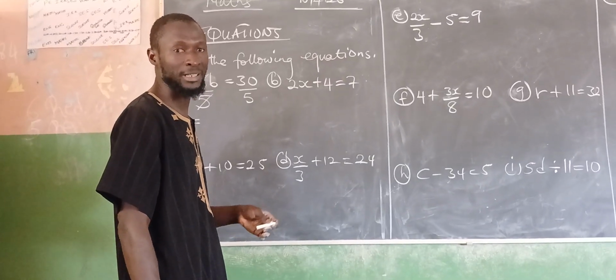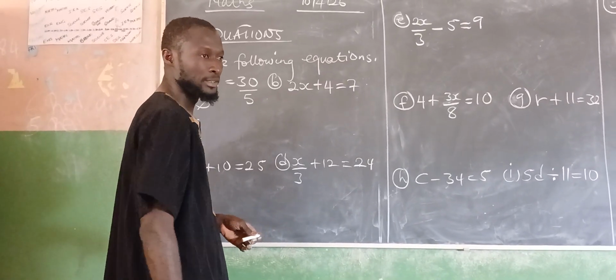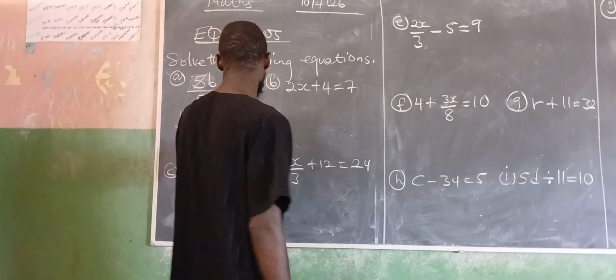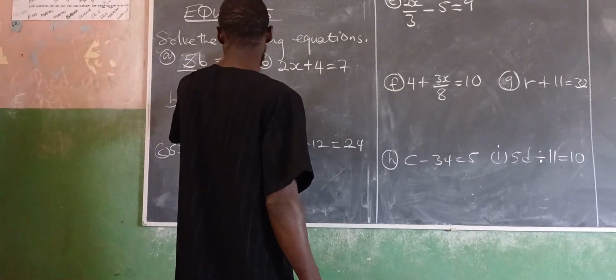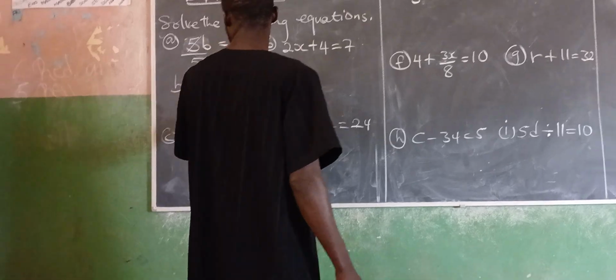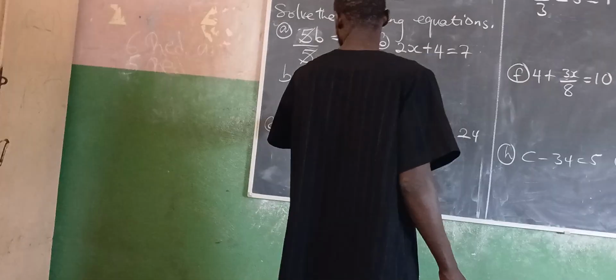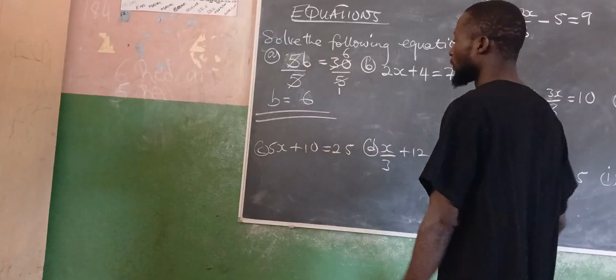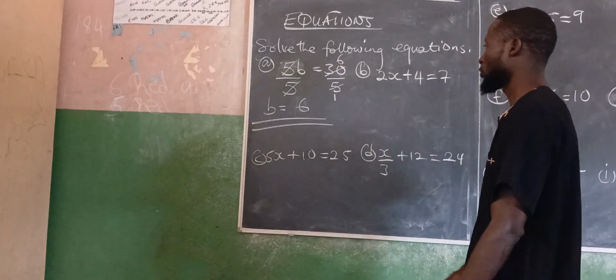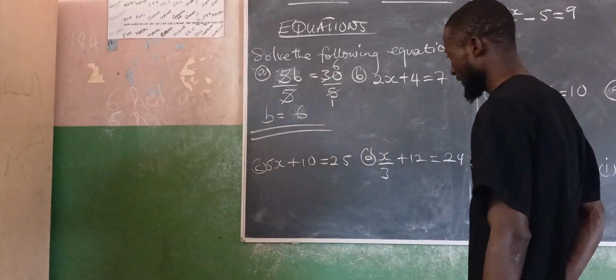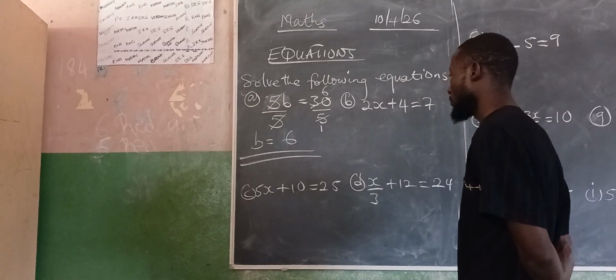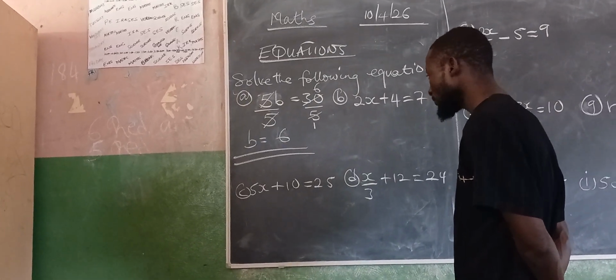That is, we are going to divide 30 by 5. 30 by 5 simply means how many 5s are in 30. So 5 goes into itself 1, 5 in 30 is 6. Therefore we have b as 6. So the solution to question A is 6. b is equal to 6. The correct answer is 6.